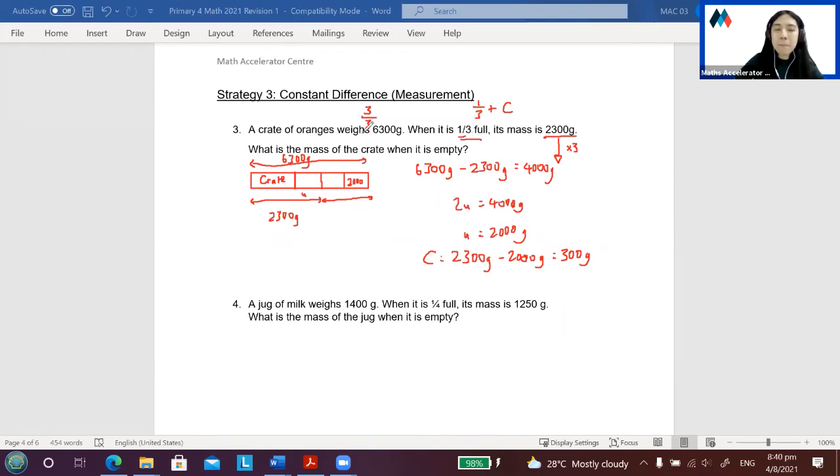If being completely full is 3 units, then 1/3 is 1 unit, right? So crate plus 1 unit is 2,300 grams. Crate plus 3 units is 6,300 grams. So I found the difference between 6,300 and 2,300, and that gave us 4,000 grams, which is 2 units. Then I found the value of 1 unit, and from there I deduced the value of the crate.